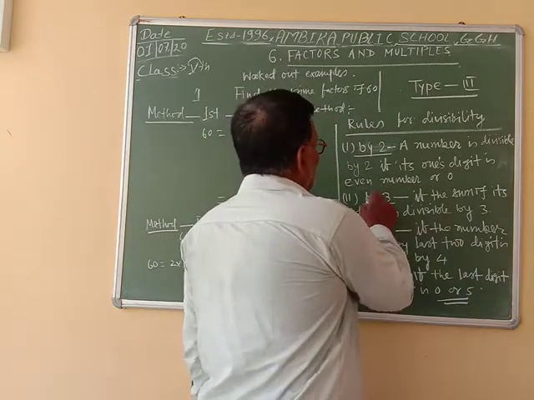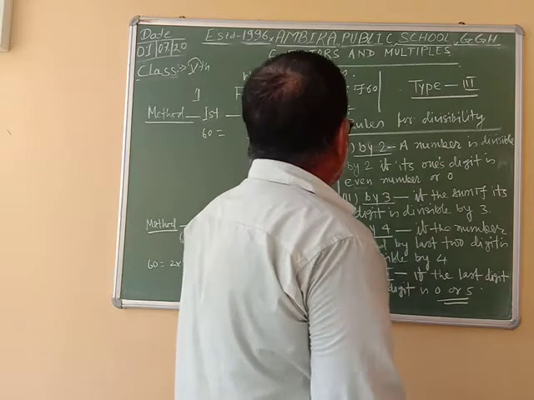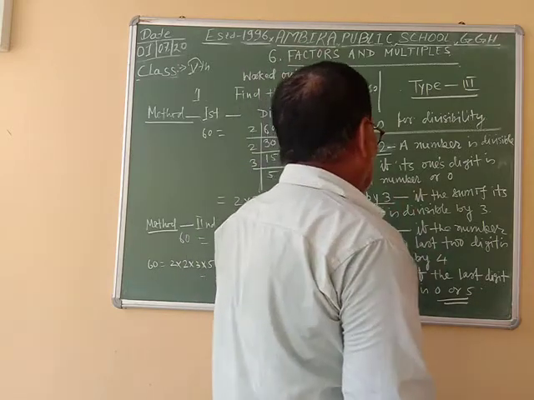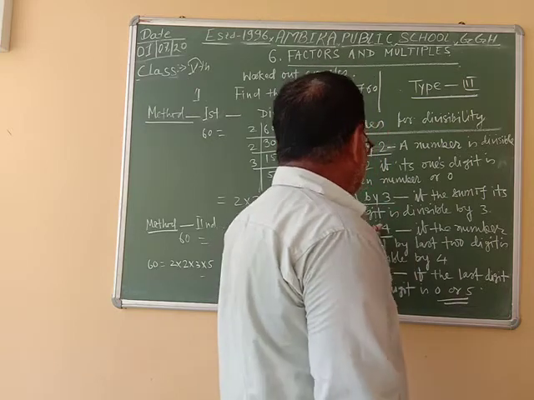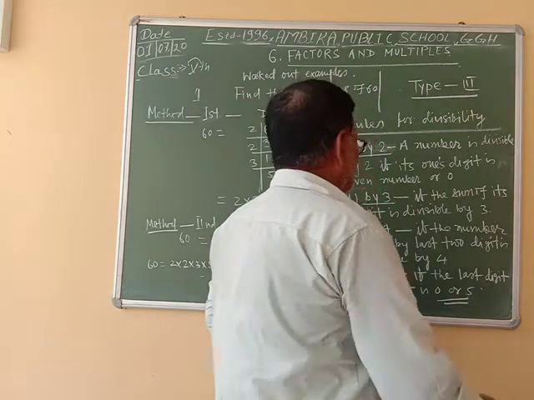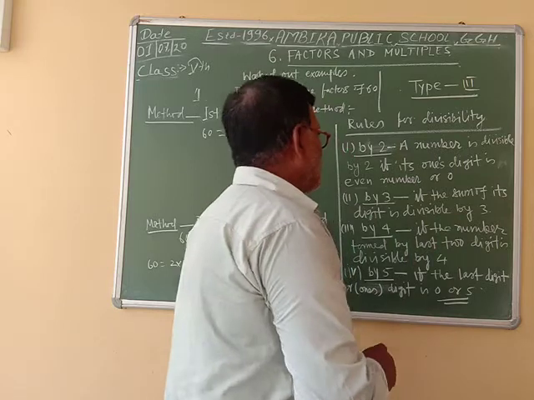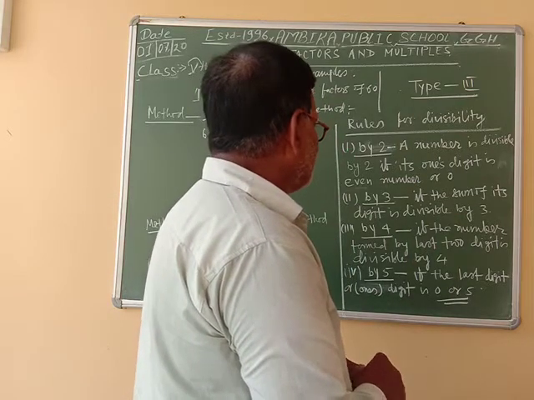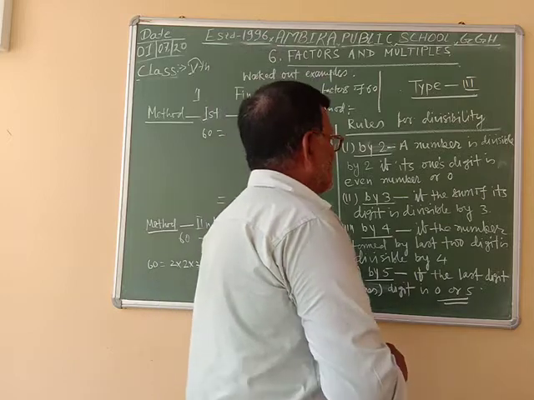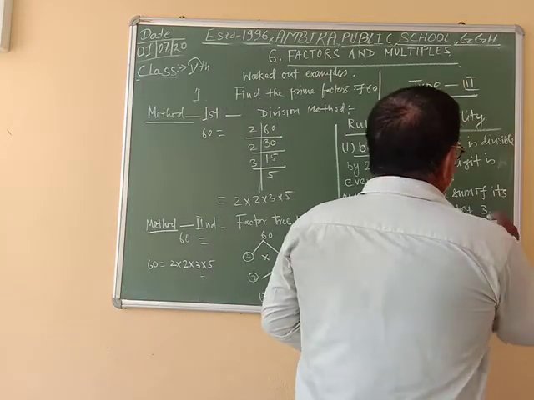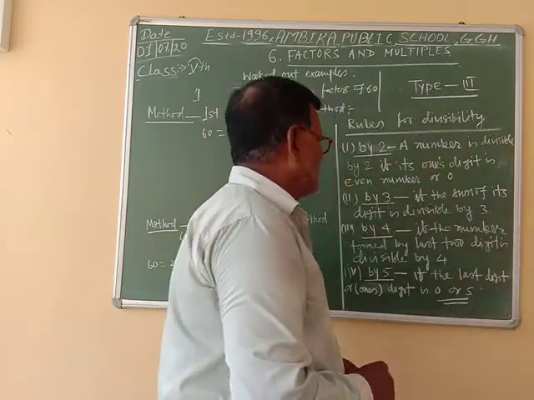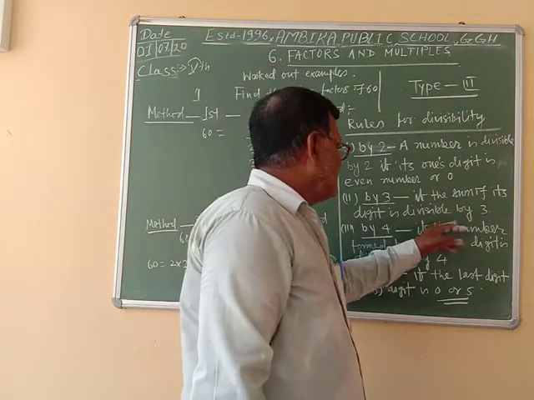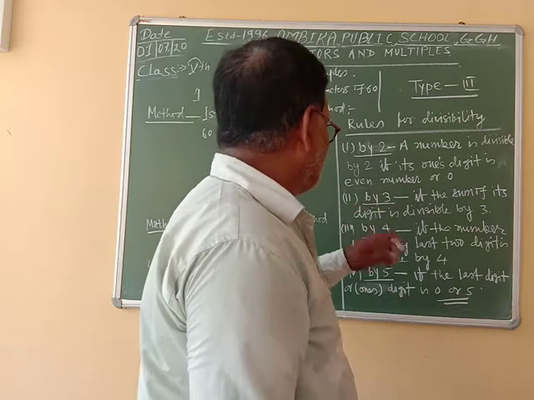And the second rule, for divisibility by 3: if the sum of its digits is divisible by 3, then the number is divisible by 3.